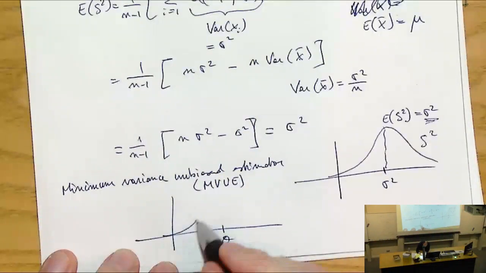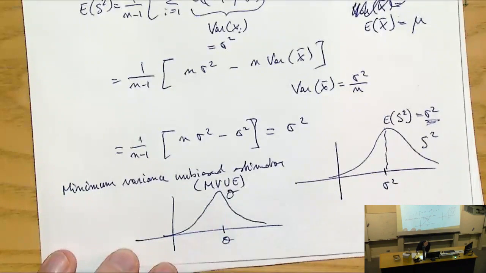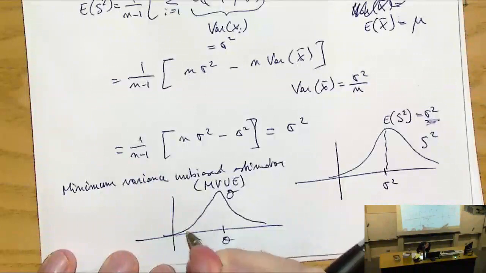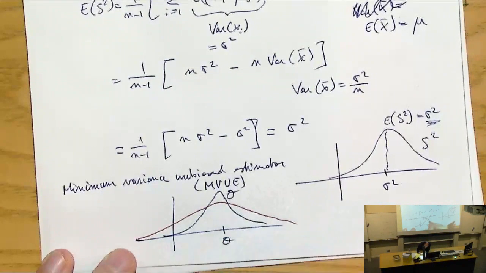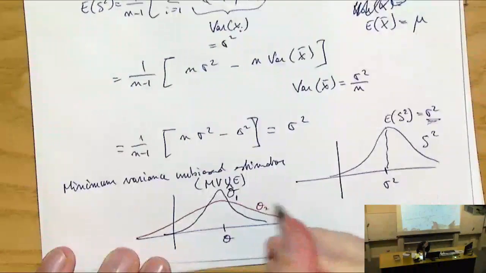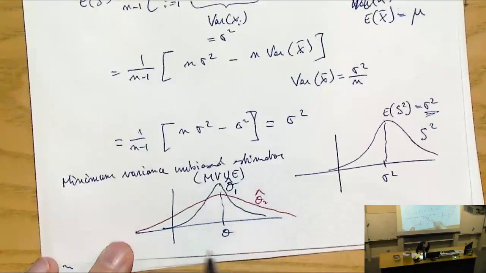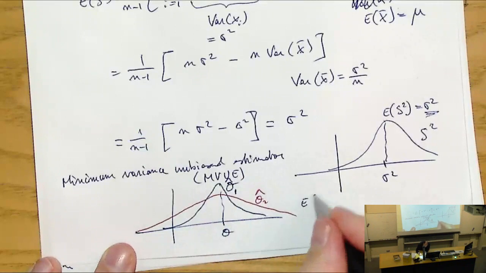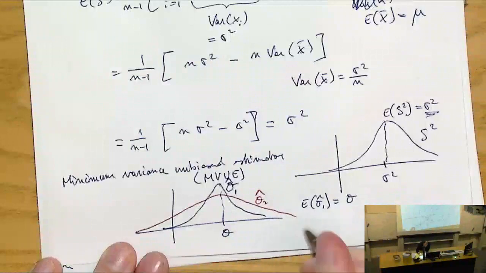What that means is, imagine I have a certain estimator of theta. I have a first estimator that is this one, and another one that is maybe something like this. So I have theta 1 hat, the first estimator, and theta 2 hat, the second estimator. Both of them are such that the expectation of the estimator is equal to theta.